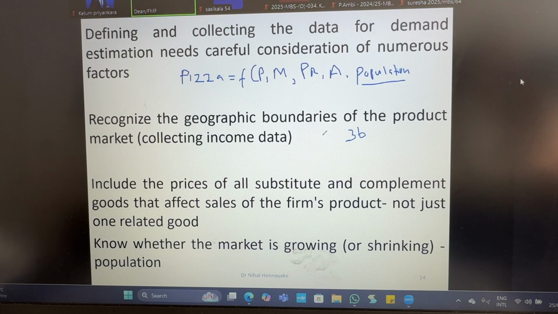Then, taking population, we know that population is an important determinant. But when you are doing the research, you are taking monthly data for the last 36 months. During these last 36 months, can we expect much difference in the population?